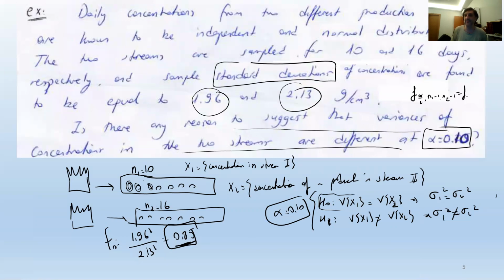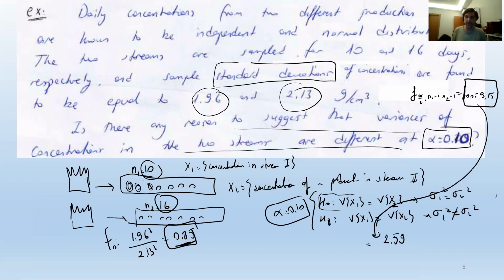Alpha over 2 is 0.05, n1 minus 1 is 9, and n2 minus 1 is 15. Using your textbook, F 0.05 with 9 and 15 degrees of freedom is equal to 2.59.